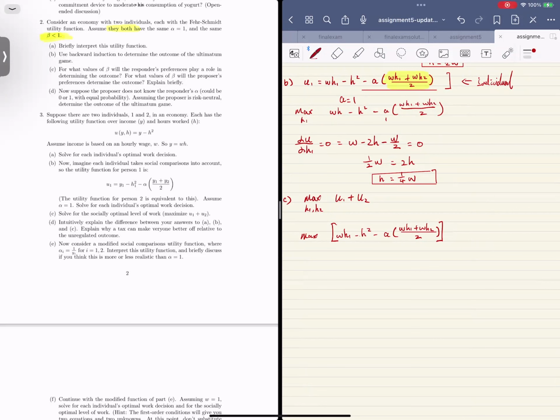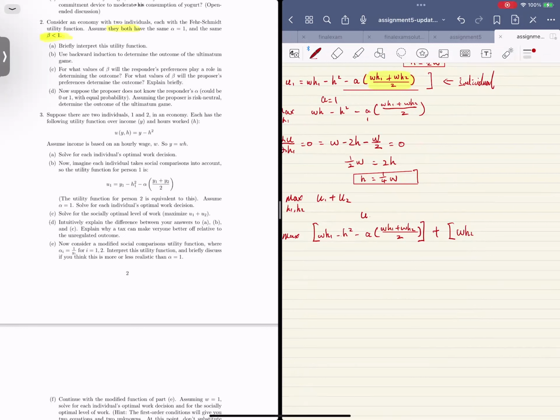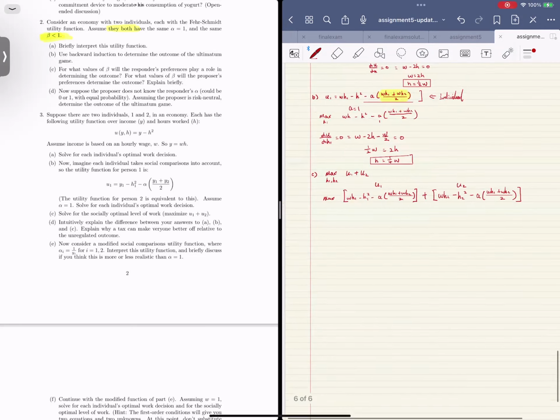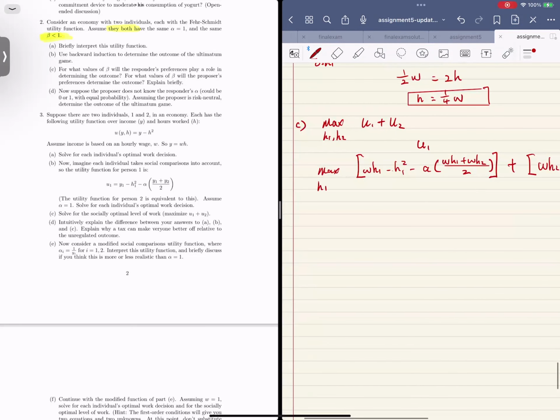Plus WH2. So this is the U2. This is U1, this is U2: WH2 minus H2 squared. Let me put all the things together, making sure: alpha times (WH1 plus WH2) over 2. So maximize over H1 and H2.